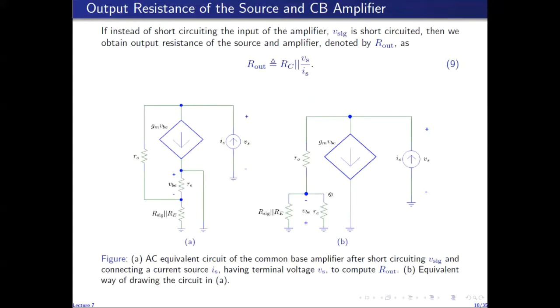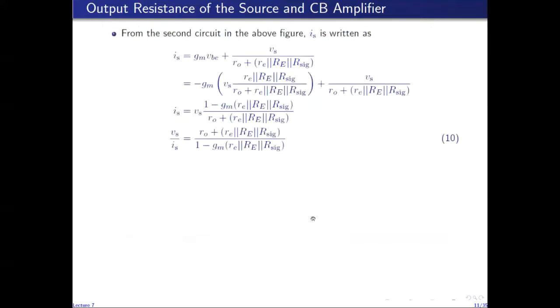So the voltage at this node with respect to ground is given by this parallel combination divided by this parallel combination plus r0, times the total voltage Vs. And VBE is the negative of this voltage with respect to ground, because VBE is actually the voltage of ground with respect to this node. So VBE is minus Vs times this fraction, which is obtained from the voltage division rule.